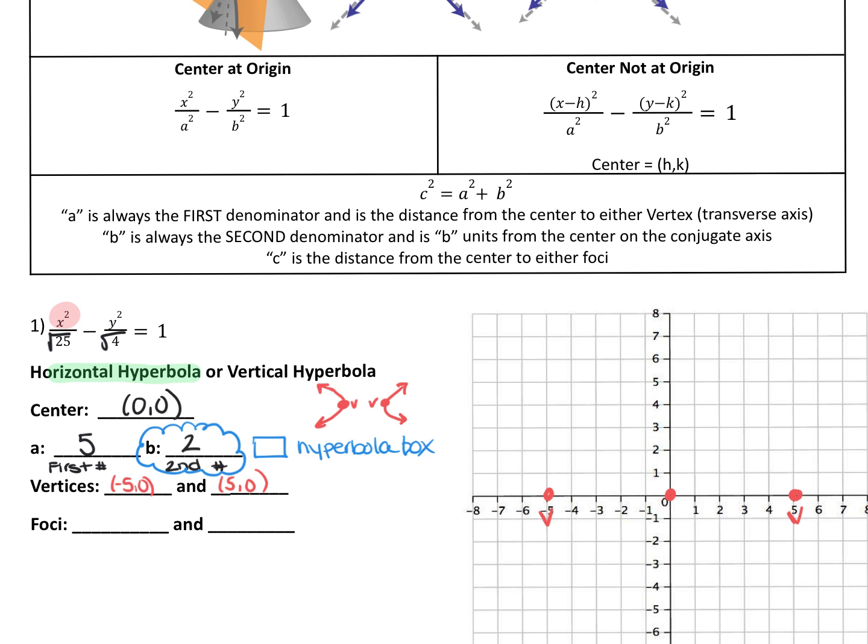So the B value is 2. So we're going to go up 2 and down 2, kind of like those co-vertices for the ellipse. But now what we're going to do is draw in a dotted box between these vertices and these blue values that I put here. And this is going to help us draw in our accurate hyperbola.